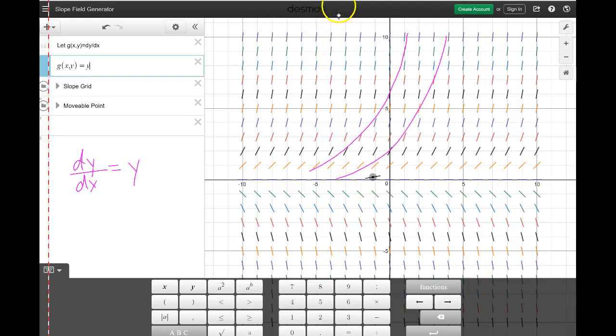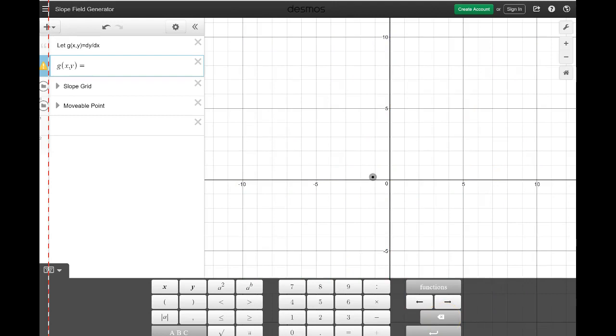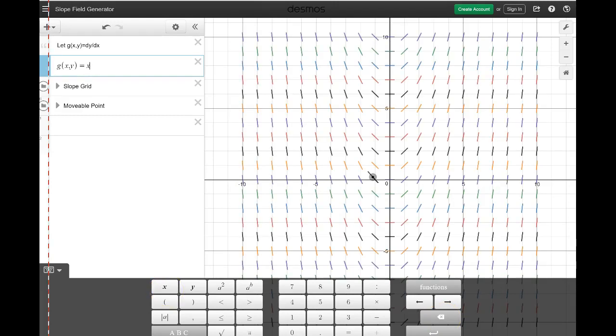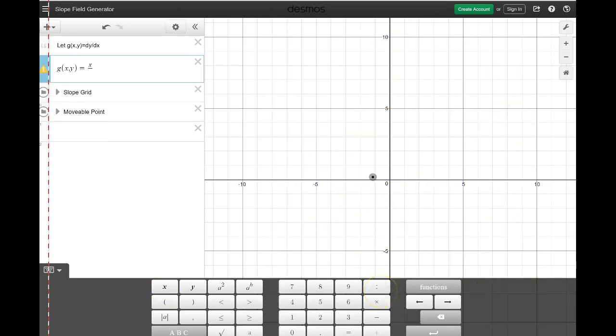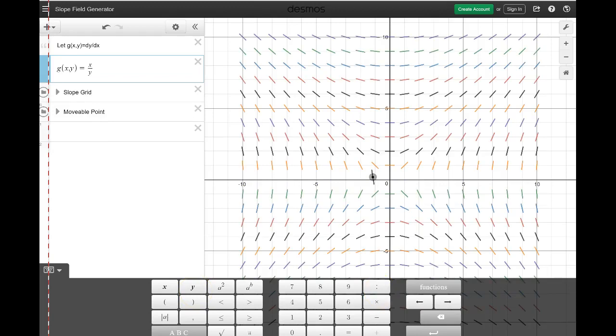So let's look at another one. How about the differential equation dy dx is x divided by y? Take a look at this direction field, and what do these graphs remind you of?